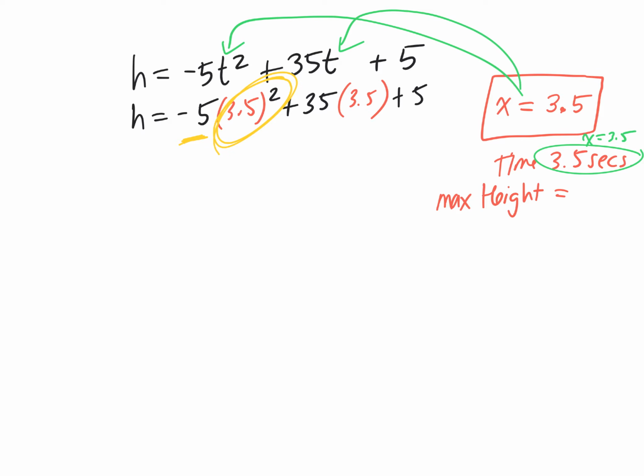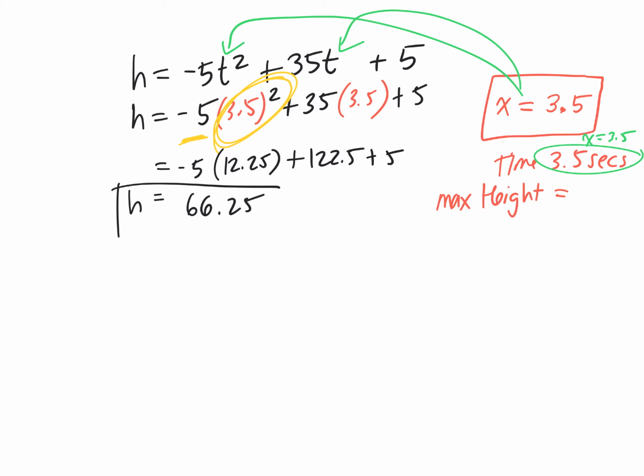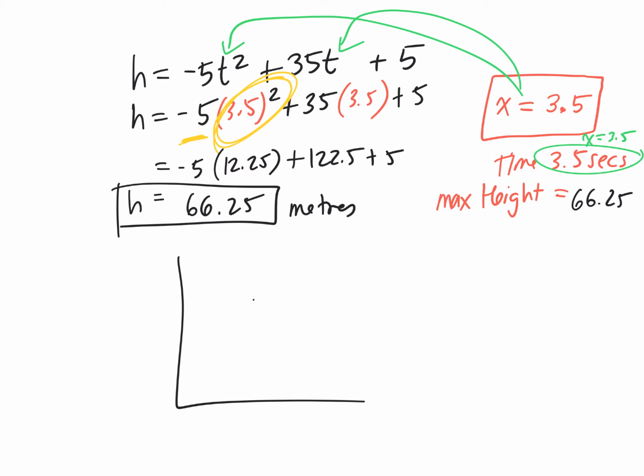Okay, so if we simplify this, we get -5 times 12.25 plus 122.5 plus 5 equals 66.25.